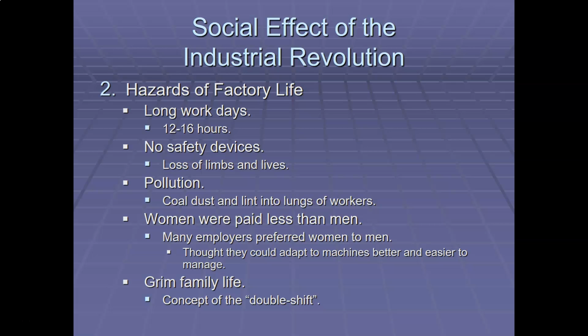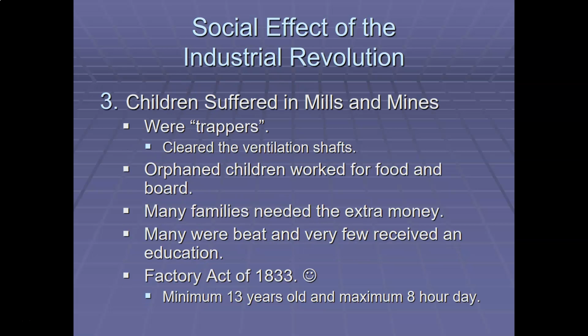So you start to see over time women and children are being hired over men because employers can pay them less, and also because they thought they'd adapt to machinery a lot easier. They're a lot easier to manage, and so forth. And all this causes problems within the social structure of family life, where families are torn apart or they barely see each other, and it causes a lot of problems.